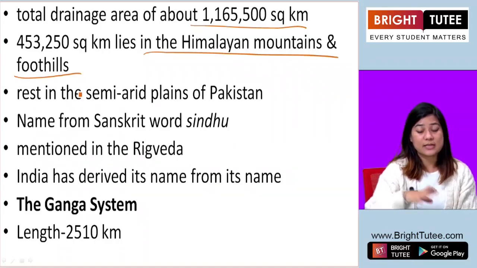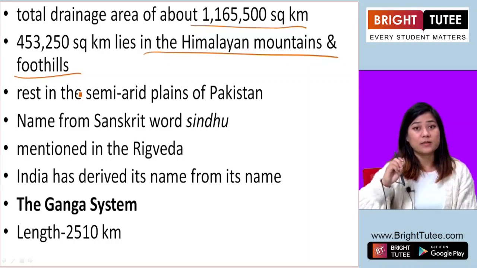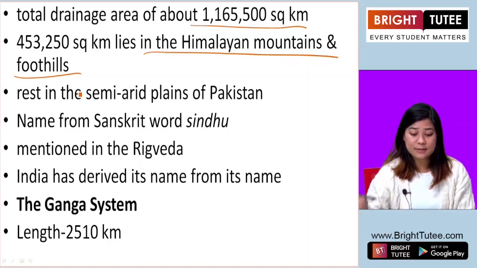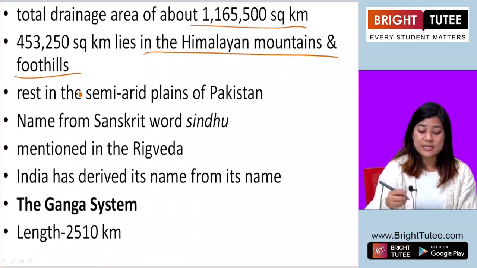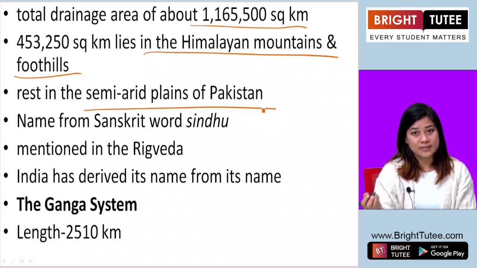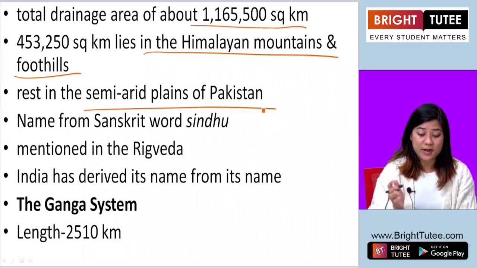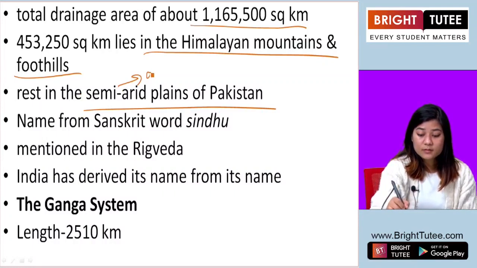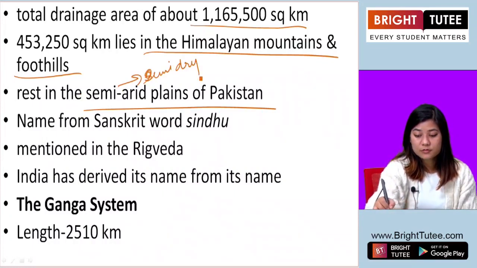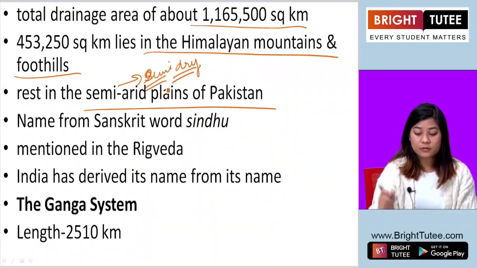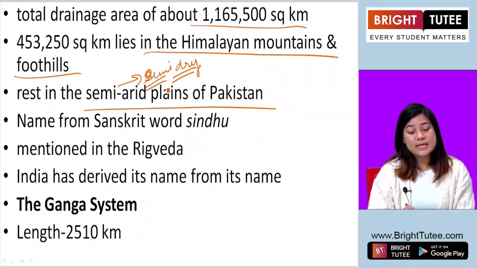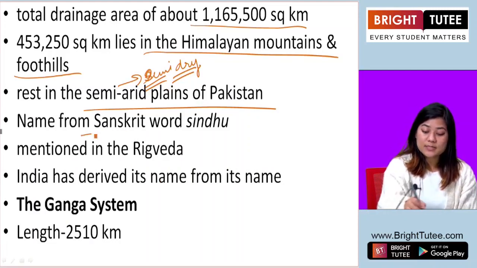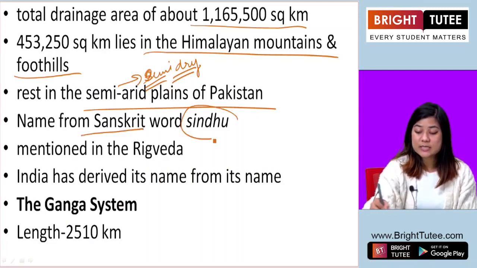So less than half of the area that it covers is located in the Himalayan mountains, and the rest is in the semi-arid plains of Pakistan. Semi-arid means semi-dry.